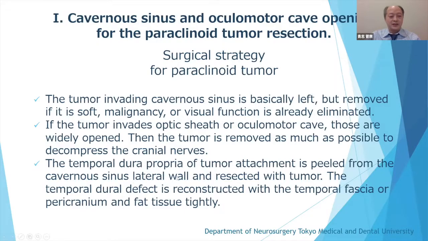The temporal dura propria with tumor attachment, for meningioma, is peeled from the cavernous sinus lateral wall and removed with the tumor. The temporal dura defect is reconstructed tightly with temporal fascia or pericranium and fat tissue.